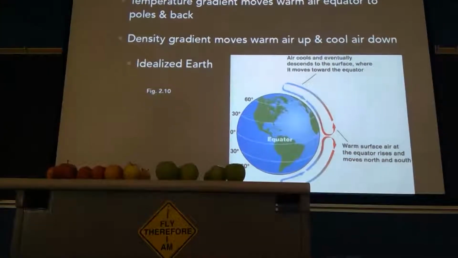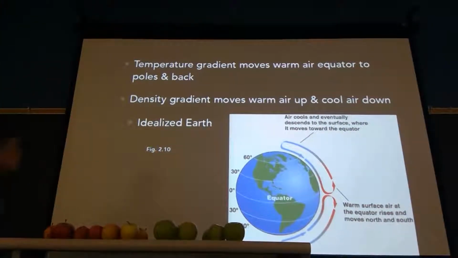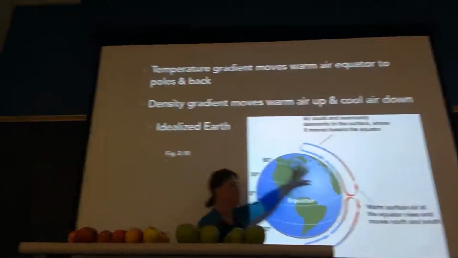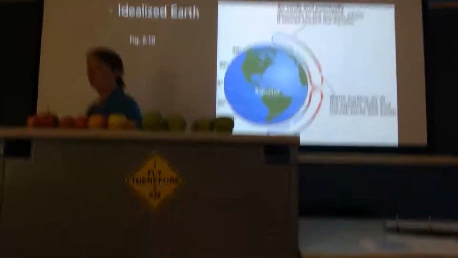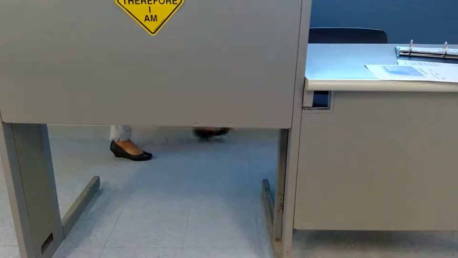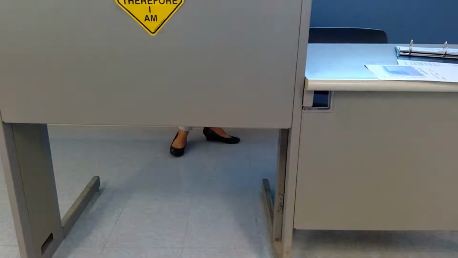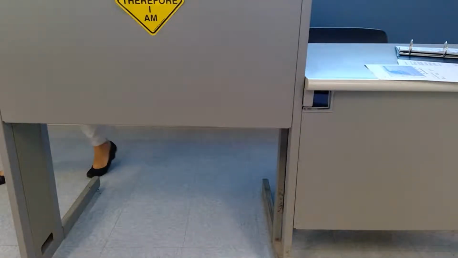So in an idealized world, okay, this is an idealized Earth. We're going to talk about what actually happens in a second. We have unequal heating of the Earth's surface, and with that, we're going to warm the atmosphere at the equator more. Okay, remember, warm air is less dense, right? And one thing that happens with warmer temperature is the molecules spread out, they get less dense. So warm air is going to rise at the equator because it's less dense.